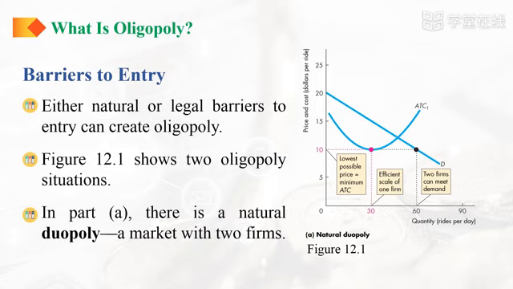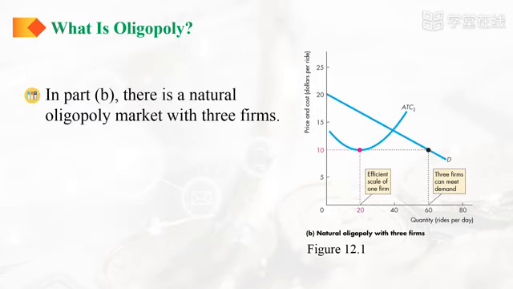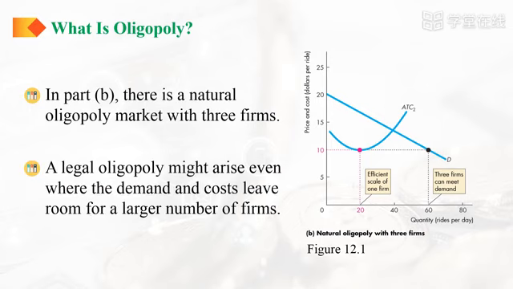But if there were only one firm, it could make economic profit. A second firm would enter and take some of the business and economic profit. If the average cost curve of the taxi company is ATC2 in Part B, the efficient scale of one firm is 20 rides a day. This market is large enough for three firms.